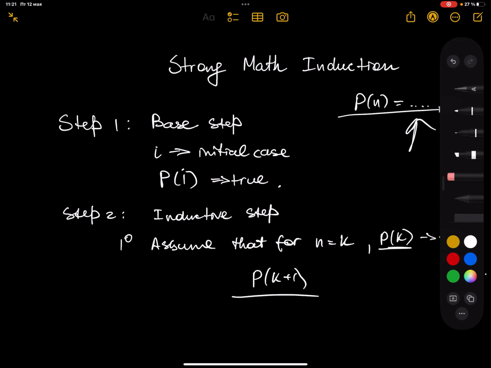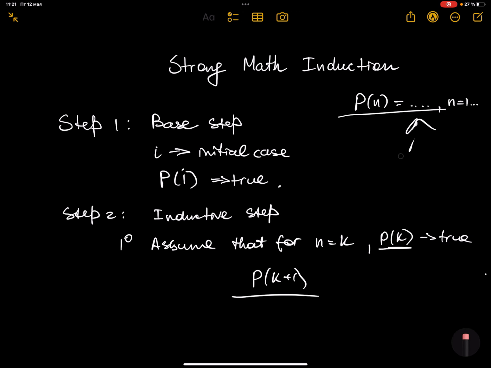But in strong mathematical induction, you assume not only Pk. You don't assume that this is true for only Pk.